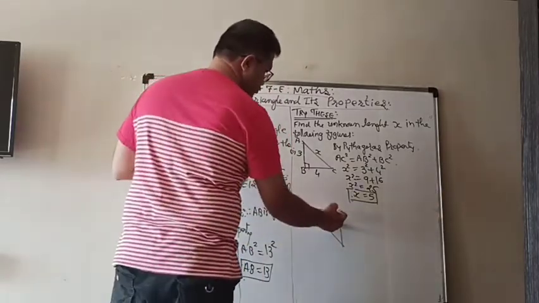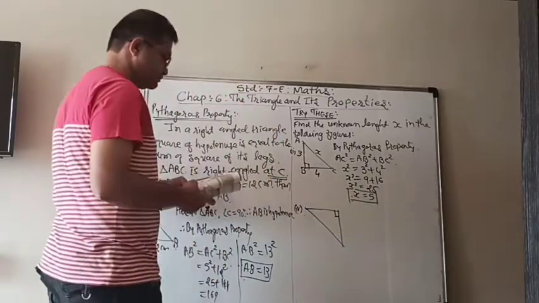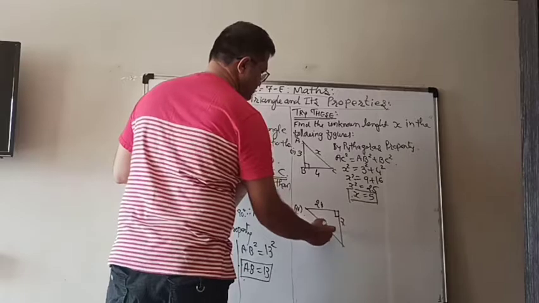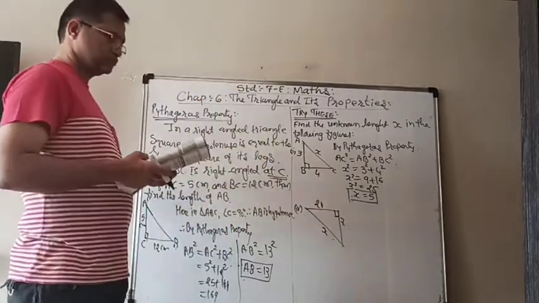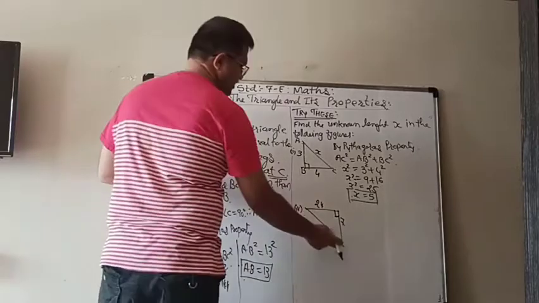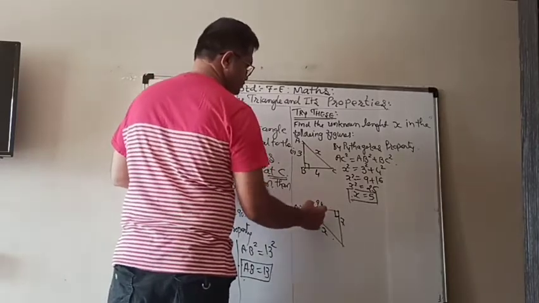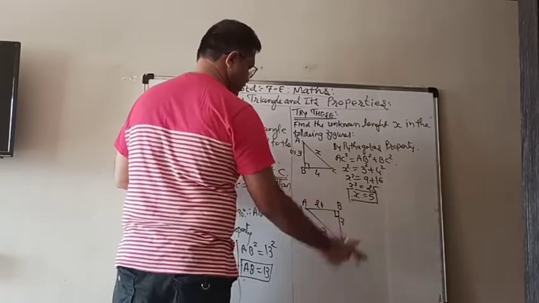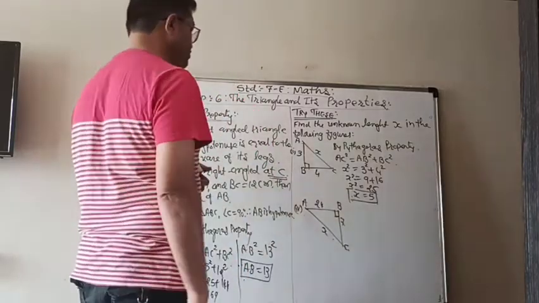Doesn't matter, we have to check the right angle. Here 24, 7 and x. So here also hypotenuse is this side. So you can give the name here also ABC if you want to, or directly also we can do.